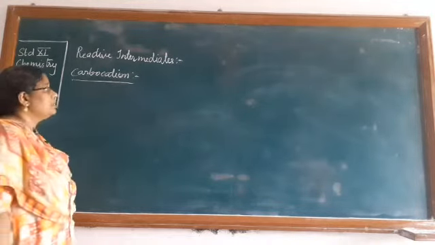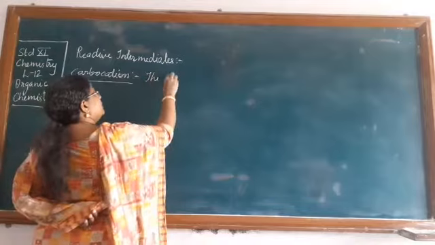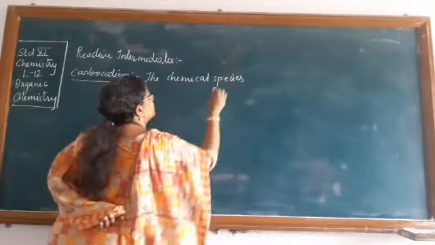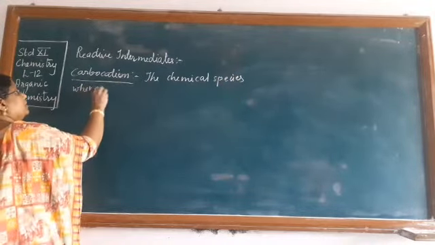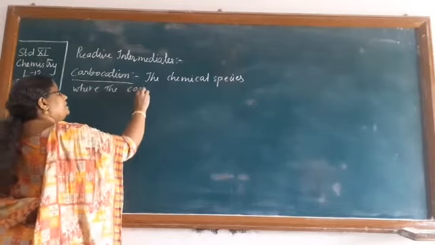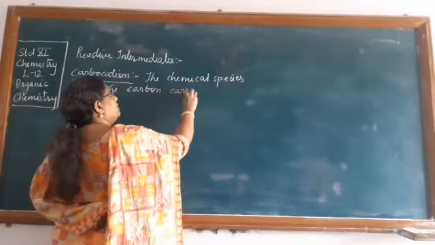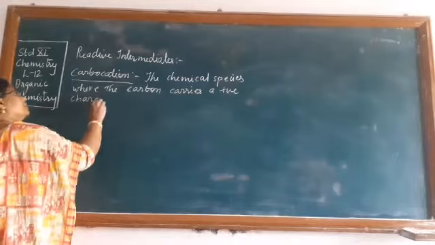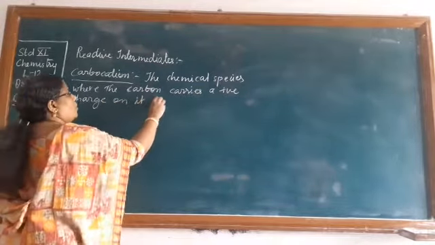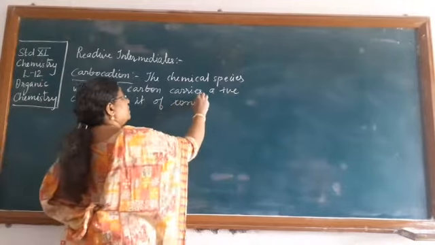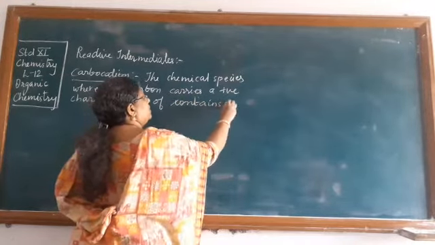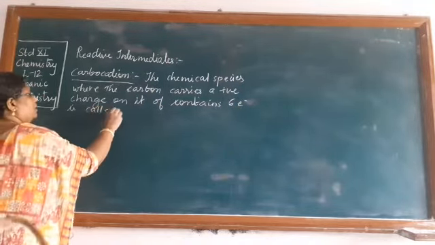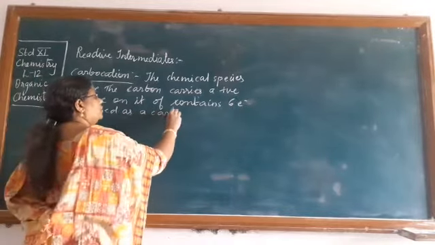Now what is carbocations? The chemical species where the carbon carries a positive charge on it or consist of 6 electron is called as a carbocation.